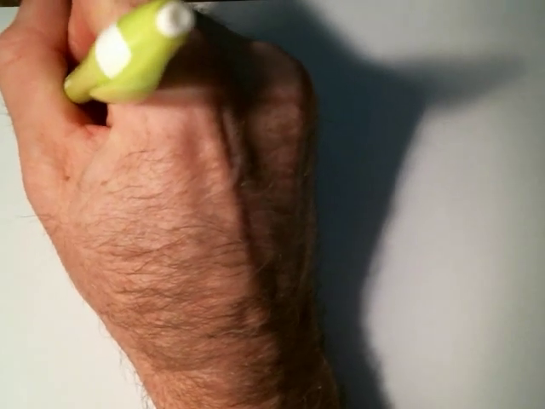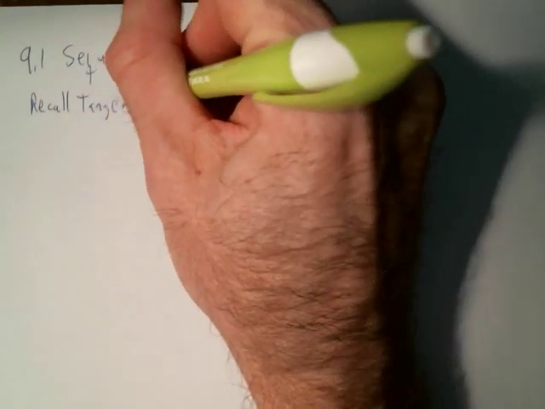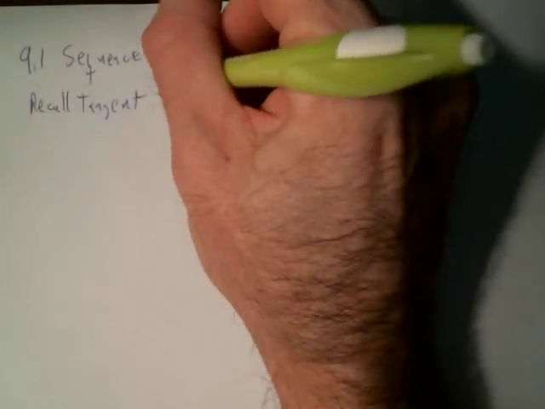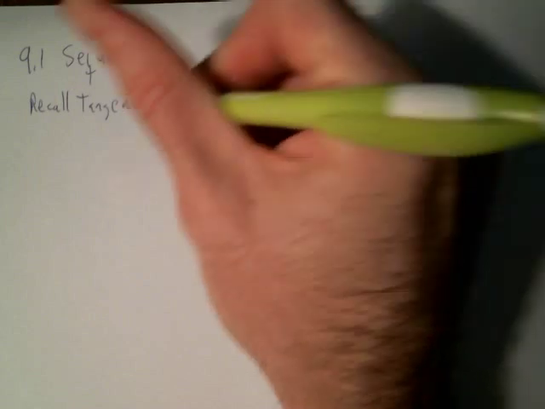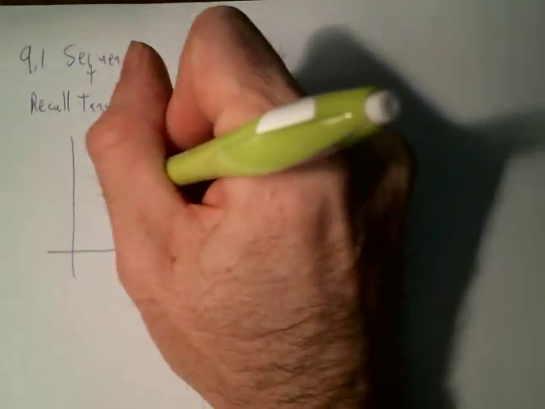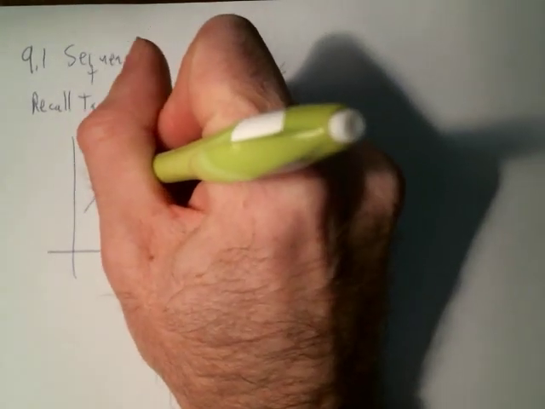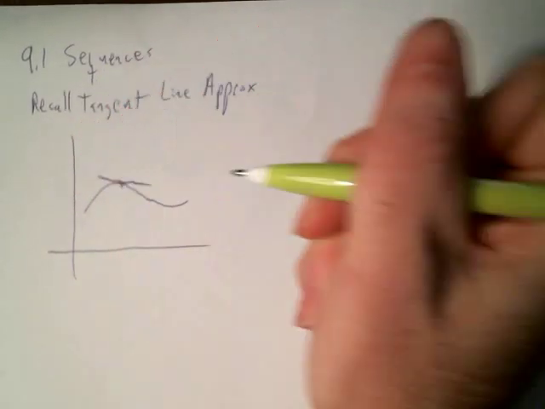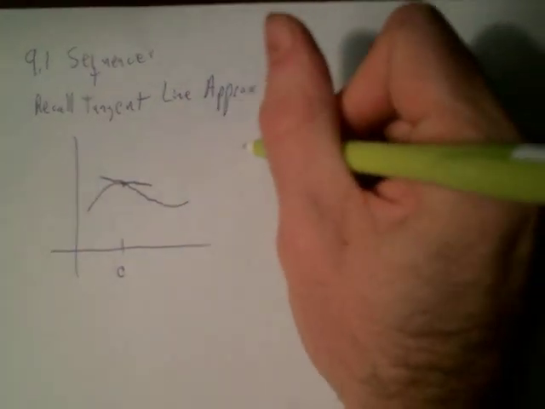So you may remember tangent line approximations. Recall tangent line approximation of a particular point on a function. Maybe we had a tangent line to that point right there at some value c.